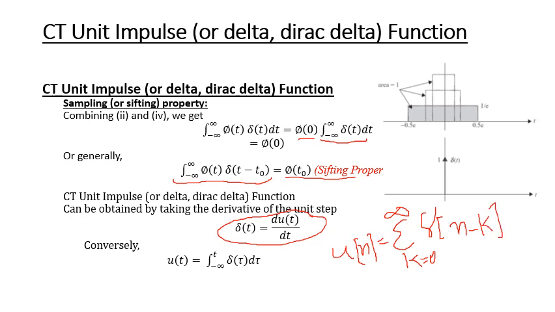In continuous time case we have a similar relation, but instead of summation we have integration. So u of t equals the integral from minus infinity up to t of impulse of tau d tau.